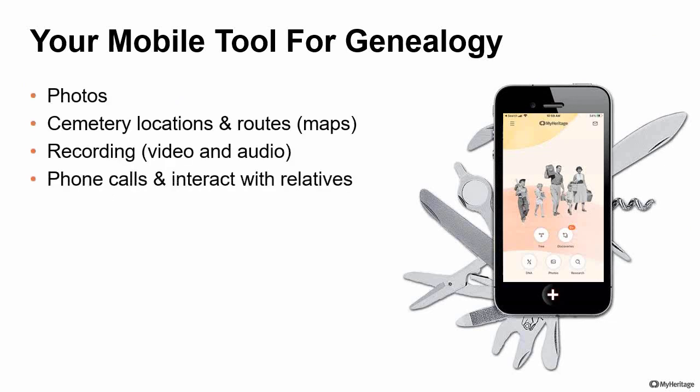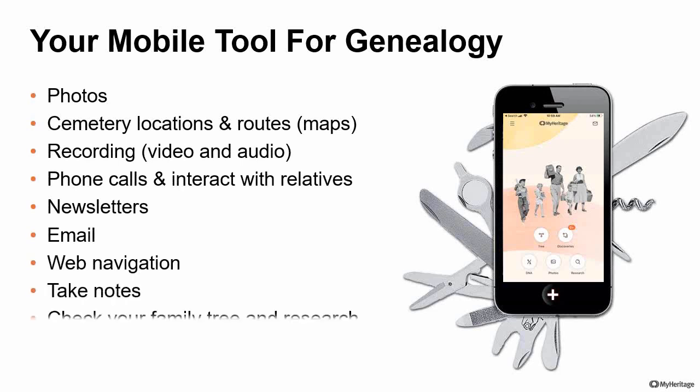Whenever you're taking photos, or using it to locate a cemetery or a map, or recording interviews, phone calls, reading email newsletters, or doing anything related to genealogy on your mobile device, that is the advantage of being able to use it.